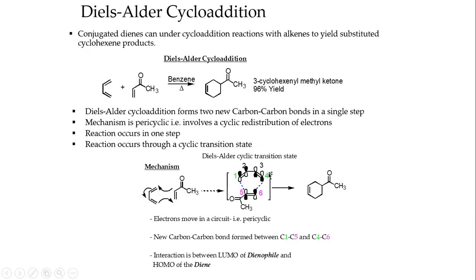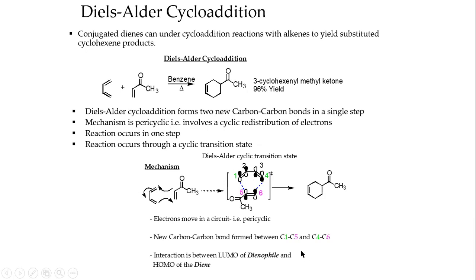If you remember back to when we were looking at 2 pi, 4 pi, 6 pi systems, this is based on standing wave theory, and is also based on the particle-wave duality of an electron. That's how we develop the molecular orbitals for a given system. And this molecular orbital here is the HOMO for a conjugated diene.